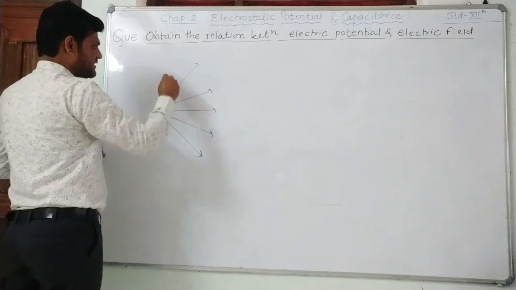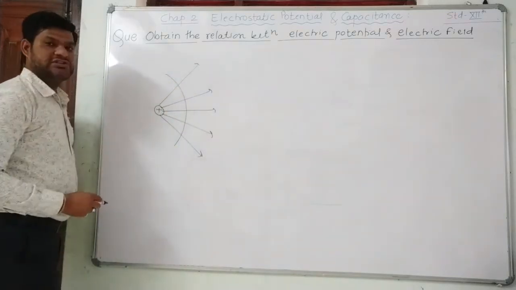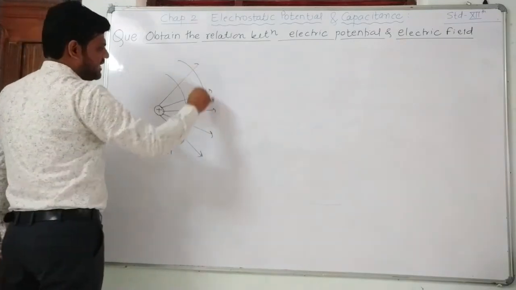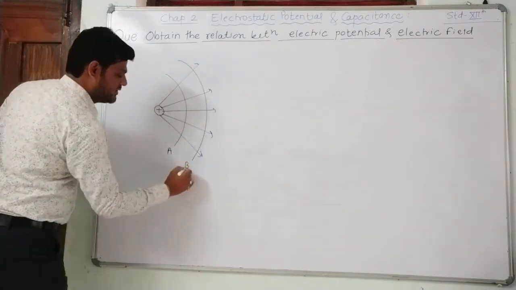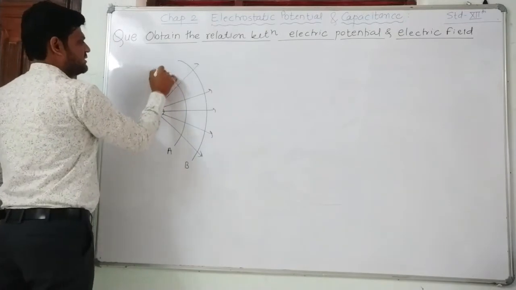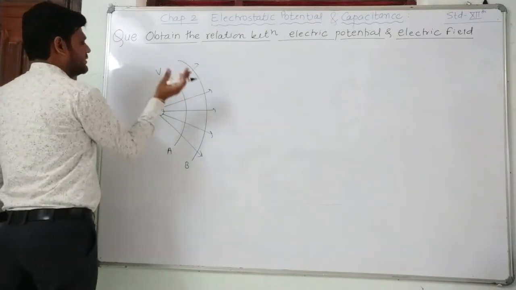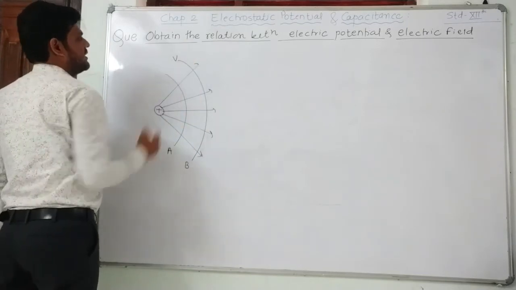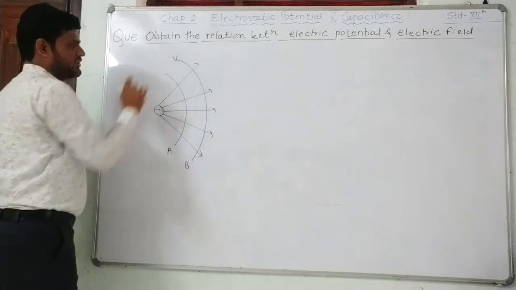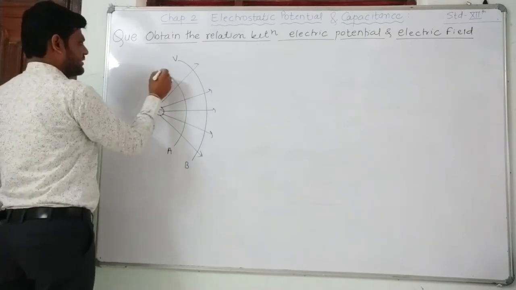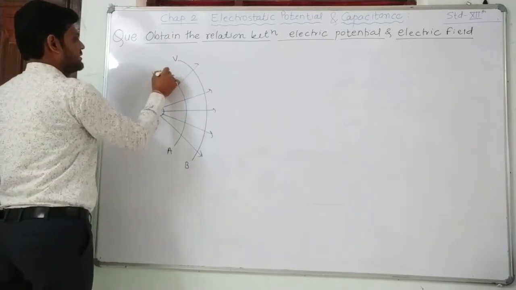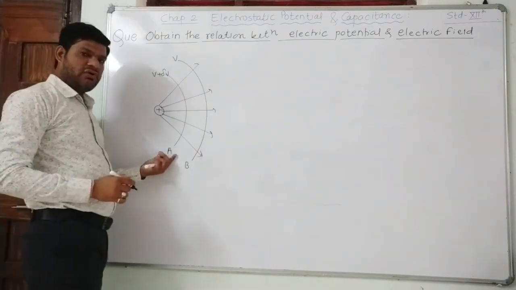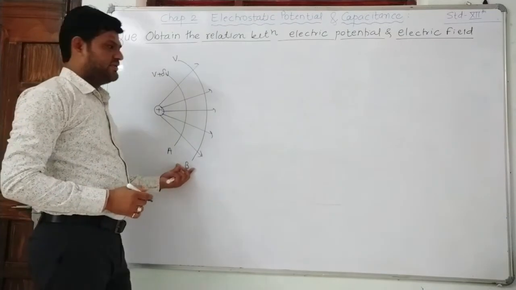Suppose this is the first equipotential surface, which we name A, and we have another equipotential surface B. Suppose the potential of surface B is V and the potential of surface A is V plus dV. The potential of surface A is more as compared to the potential of surface B.